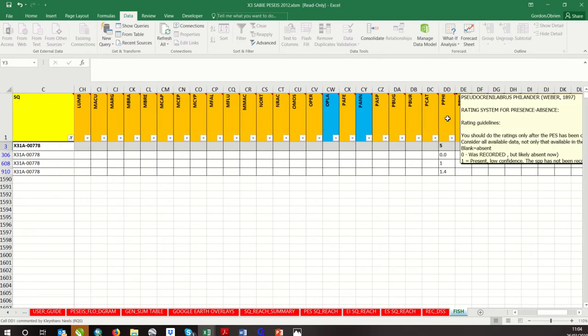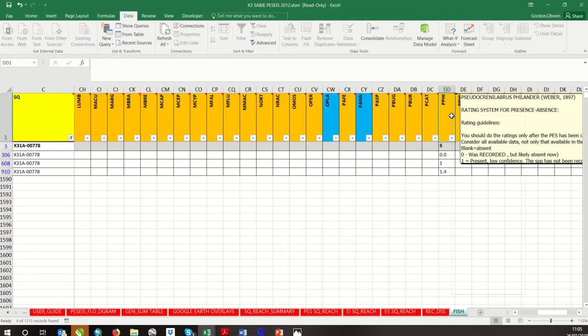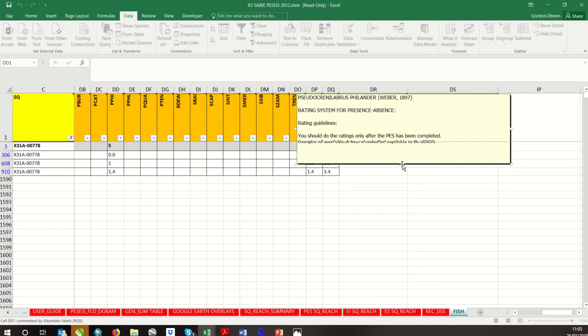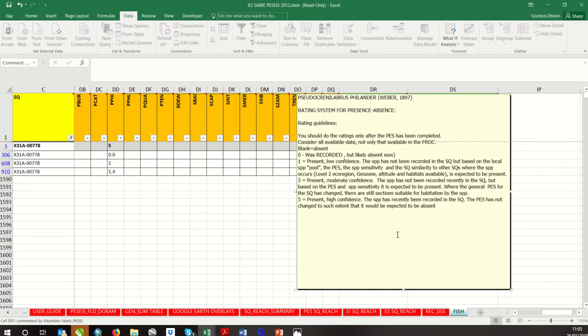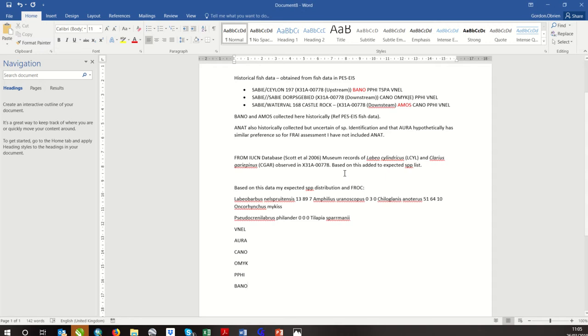Then they've got PP here. Can you see here? They've got PP. And what they've done is they've said that it should be a 5. So there's no comment here. But if you look at what 5 relates to, let's just type in edit comments so we can see what they're talking about. 5 is present with high confidence. The species has recently been recorded in the sub-reach. So if it's there and it's a high presence, then we've assumed that they've got information that it occurs there. So does T-SPAR and so does VNUL.